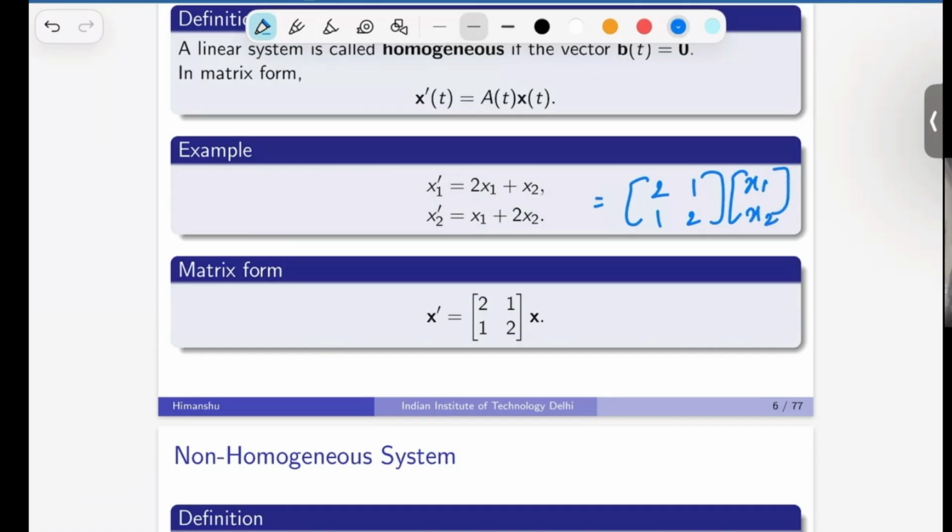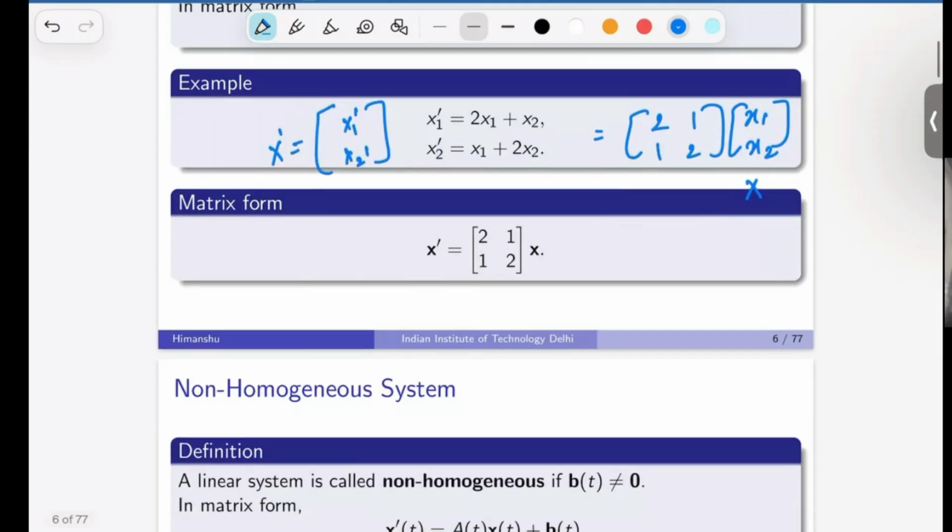This is my vector x, and my x' is x1', x2'. This is the vector x'. I hope everyone knows this. In case someone does not, I have written it here.